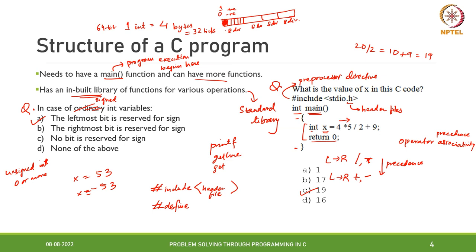In case of signed int variables, you will have only 31 bits to store the absolute value, and one bit which will store the sign. But in case of unsigned, you will have all 32 bits used for storing the value of the integer. I hope that's clear.